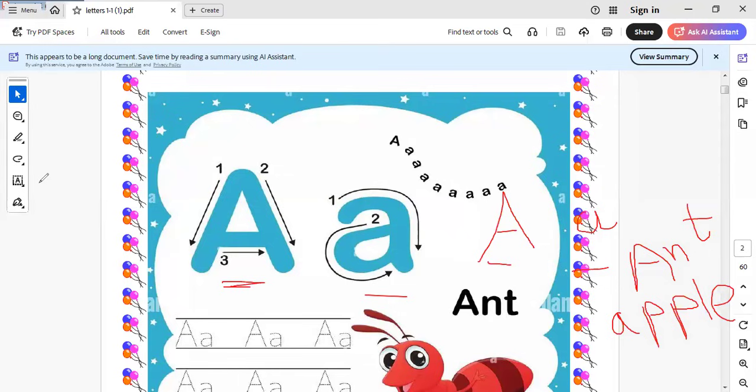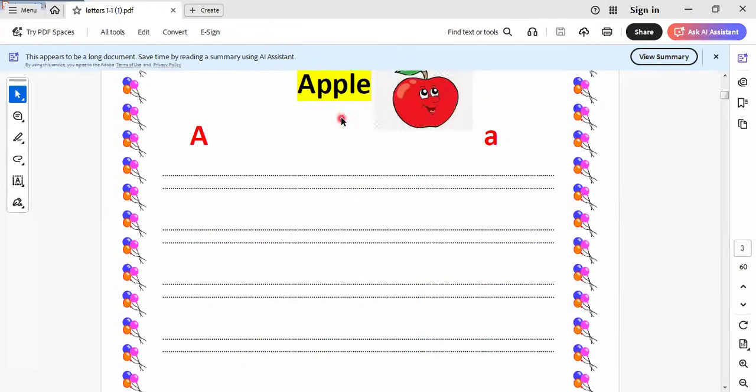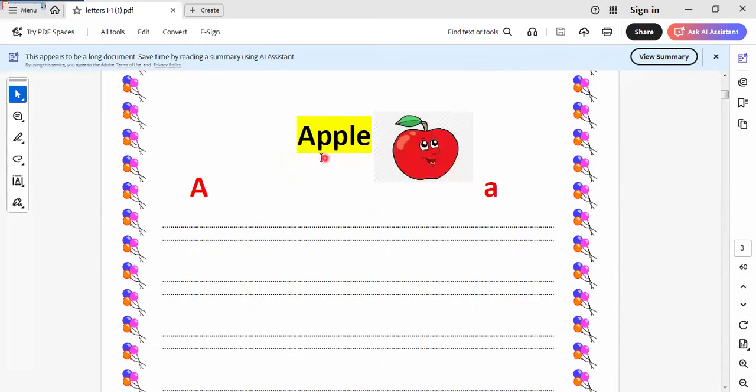Okay, let's go to another part in this letter. Here we have apple, capital A and small a. How do I write capital A? I write capital A like this, and I write small a like this. Don't write it like this, this is in printing only.